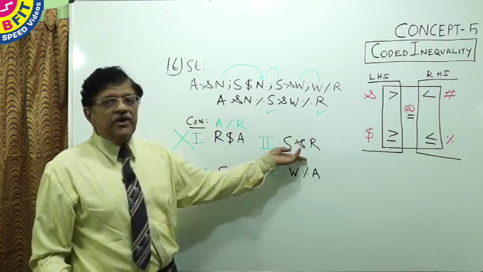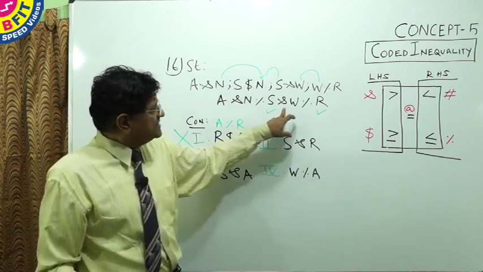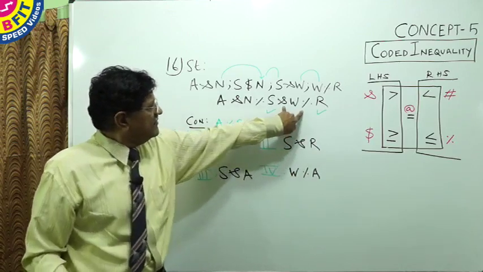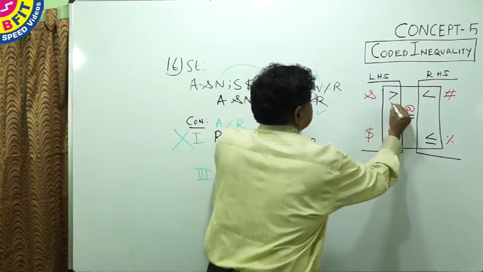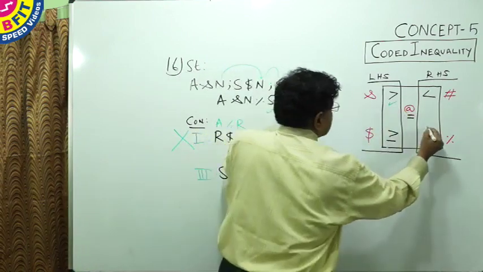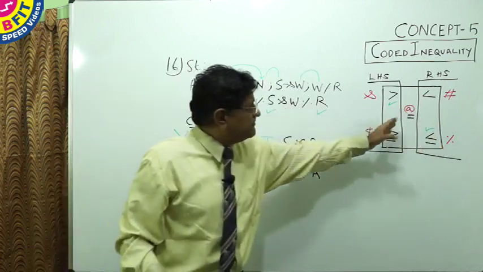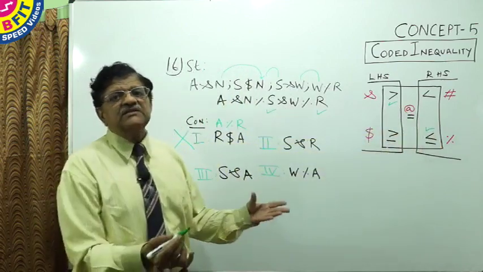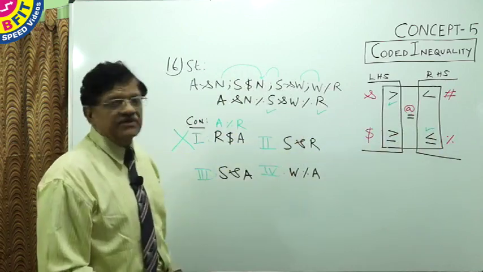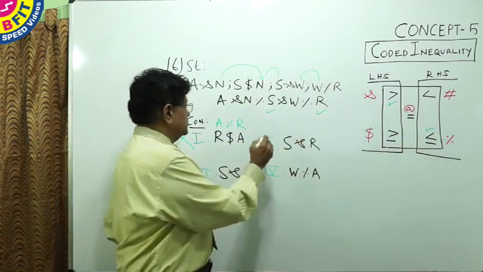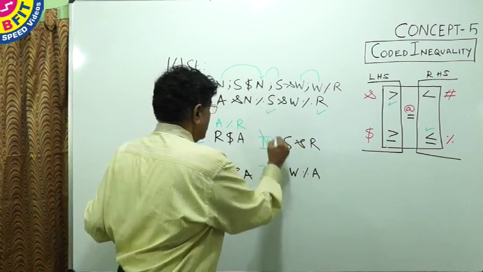Therefore there is no need to rewrite the conclusion. What are the symbols between S and R? We will mark ampersand and then percentage. Again we are crossing from left hand side to right hand side. That means opposing symbols, no conclusion. We need not verify further. So conclusion 2 is false.